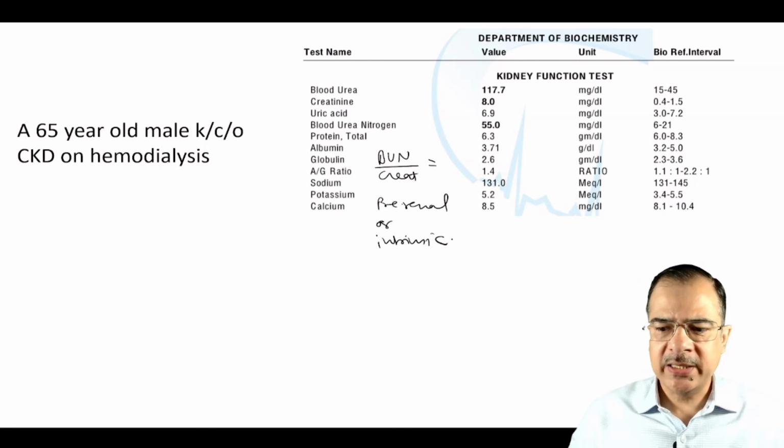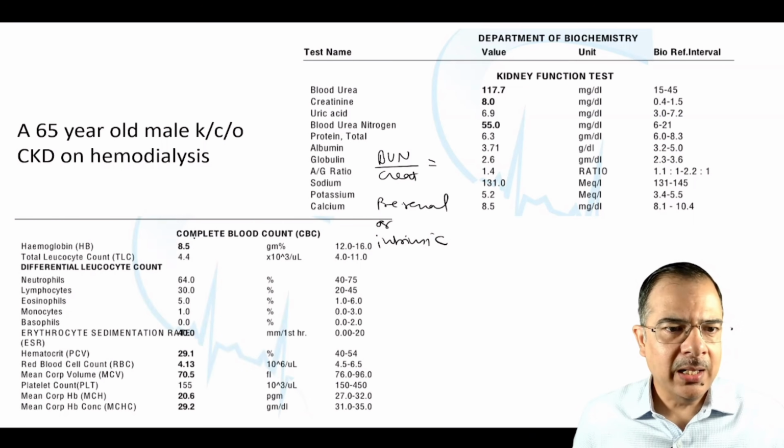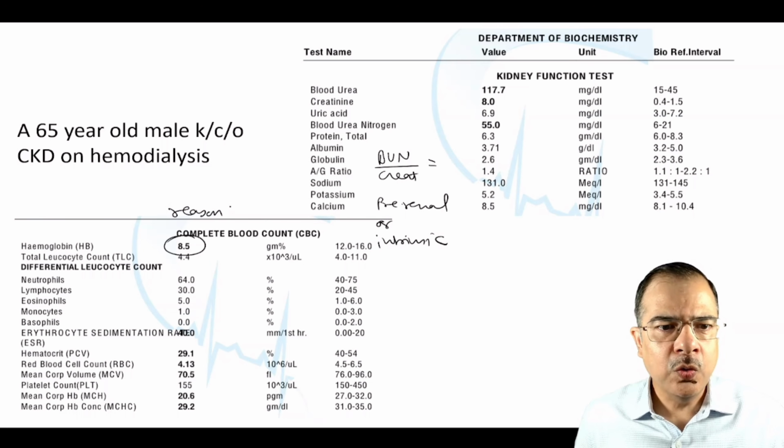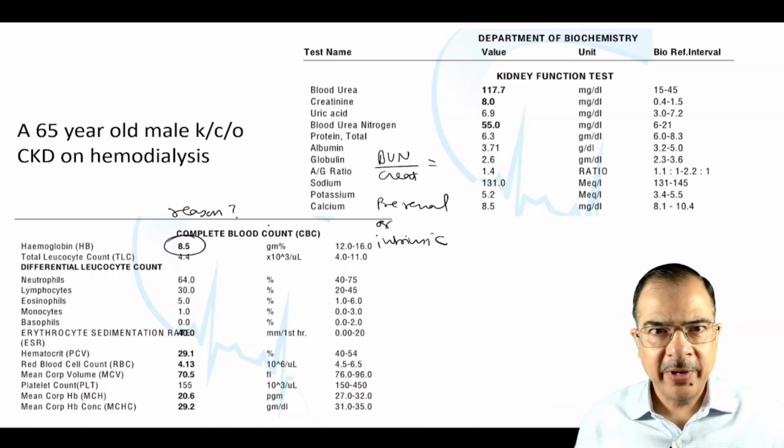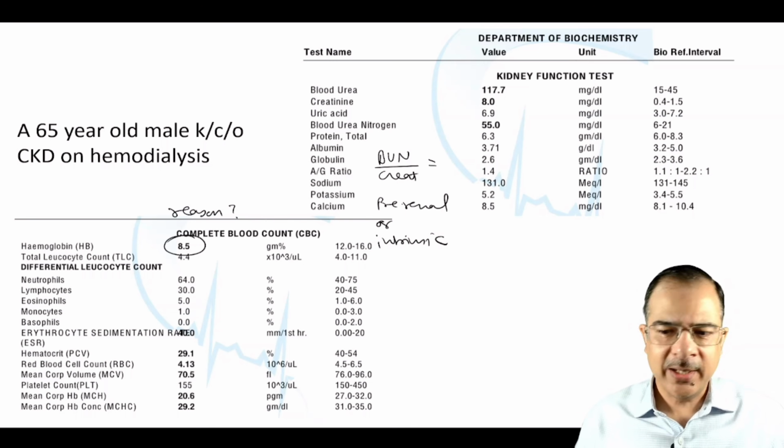And second, the same patient has got the hemoglobin done. Hemoglobin is 8.5. So what is the reason for low hemoglobin here? I will wait for your answer, and if you have any comments, any suggestions, or you want to share your experience, you can write in the comment box.